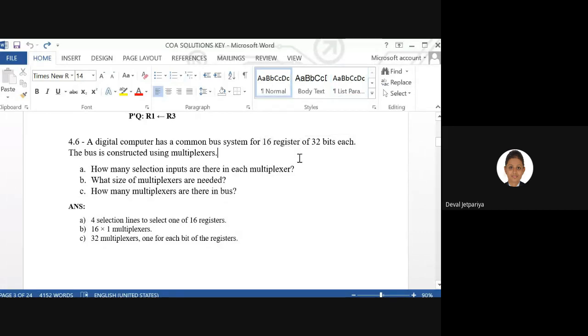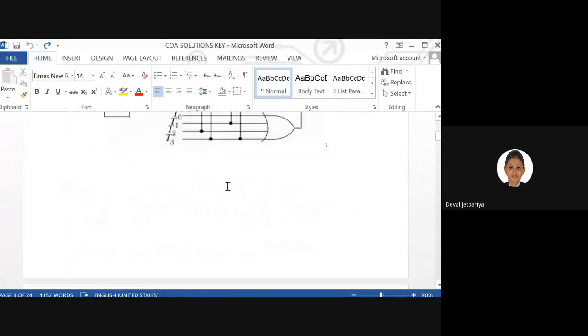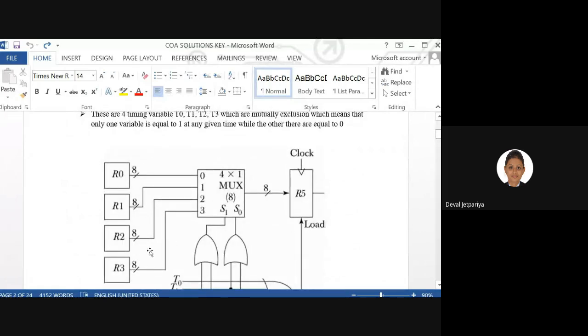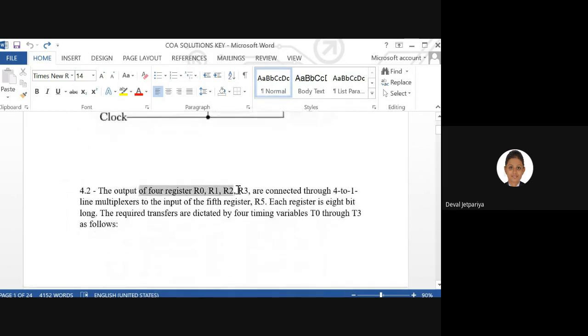See, the very simple thing is, just a minute. Do you remember this question? In the last lab we had seen. Do you remember this question? Okay, in that question they have given that we have 4 registers.